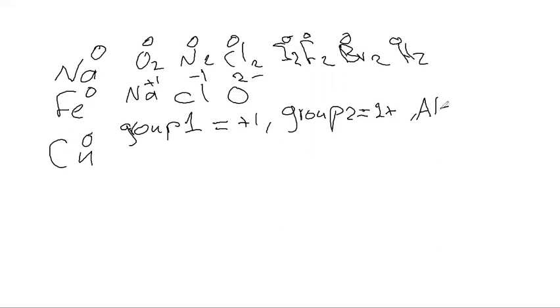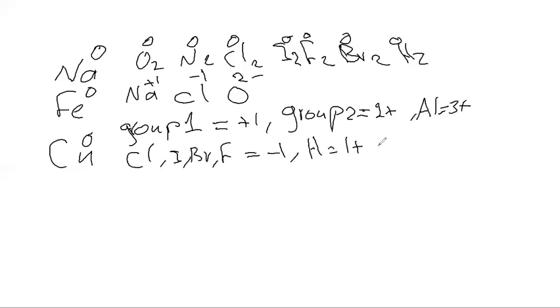Aluminum, 3 positive charge. And the halogens, group 7, which are Cl, iodine, Br, fluorine, when in a compound, will be negative 1. Hydrogen will equal 1 positive.